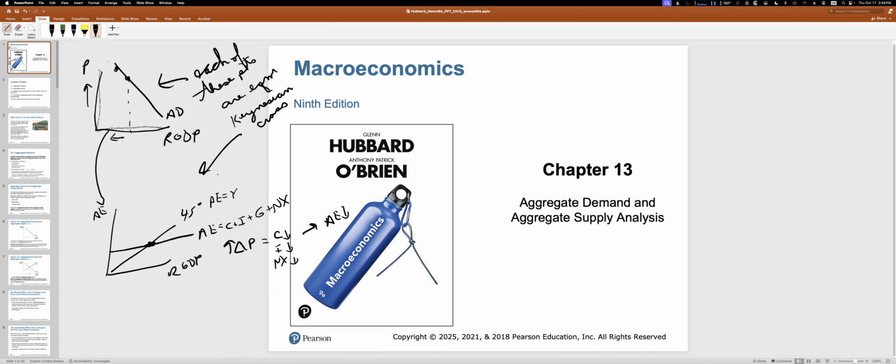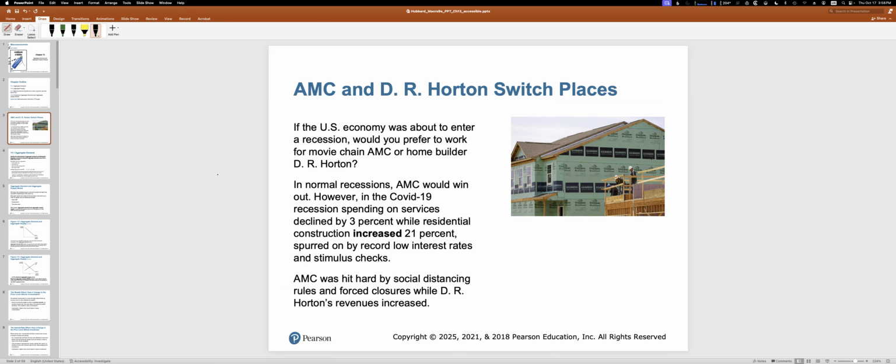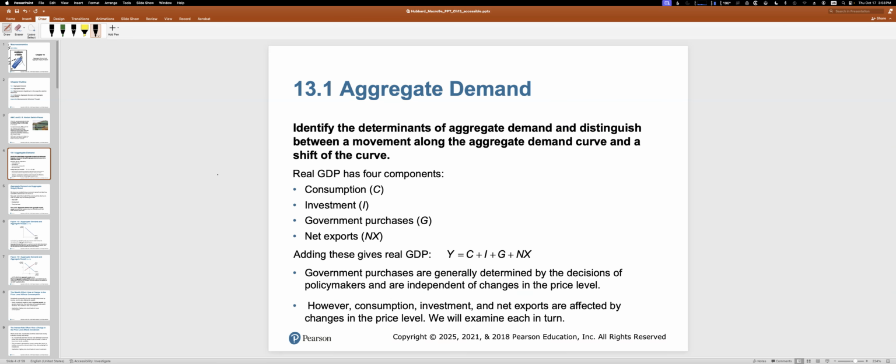Okay, so let's go. I'm just going to jump over things like this. Okay, so what we see in the aggregate demand function is that aggregate demand is the real GDP, the consumption, investment, government spending, and net exports.